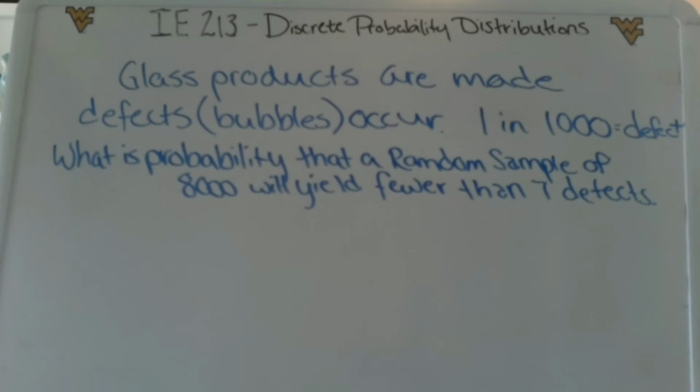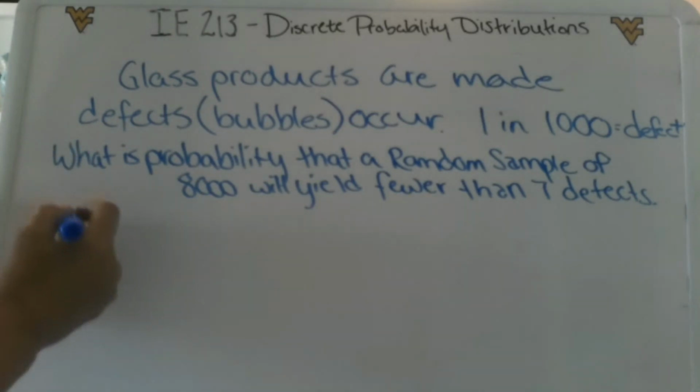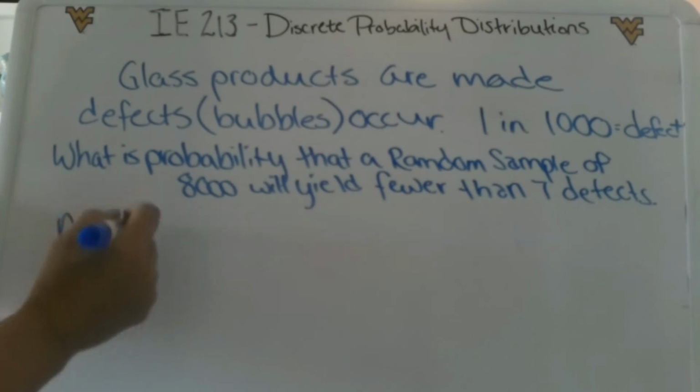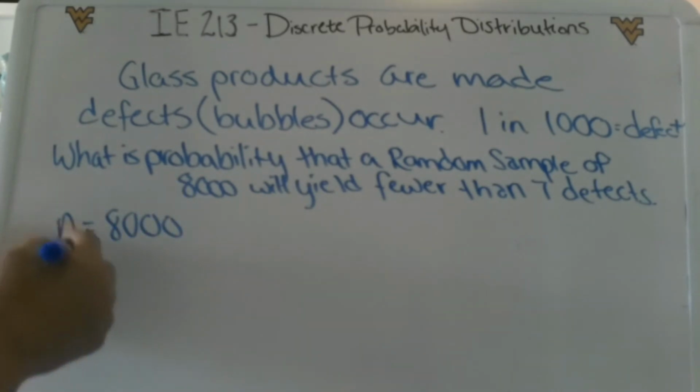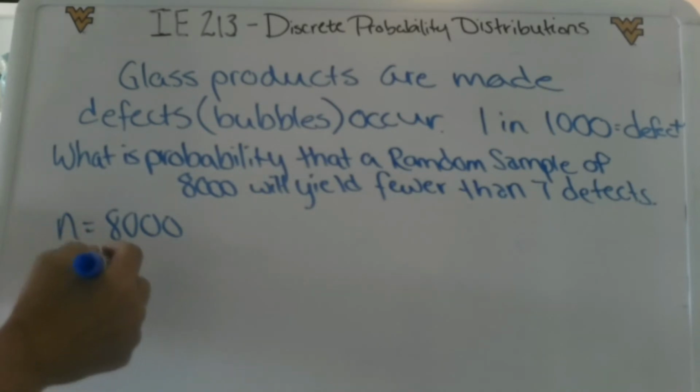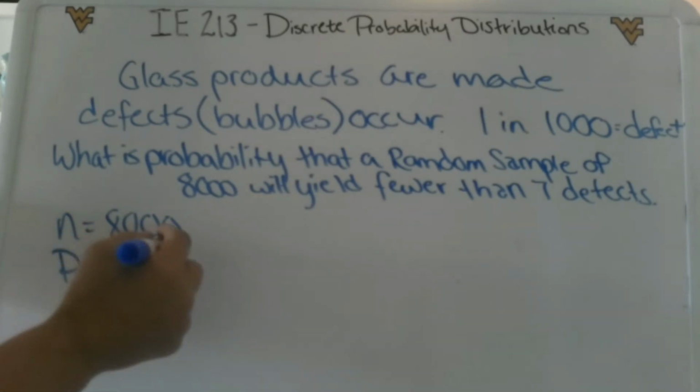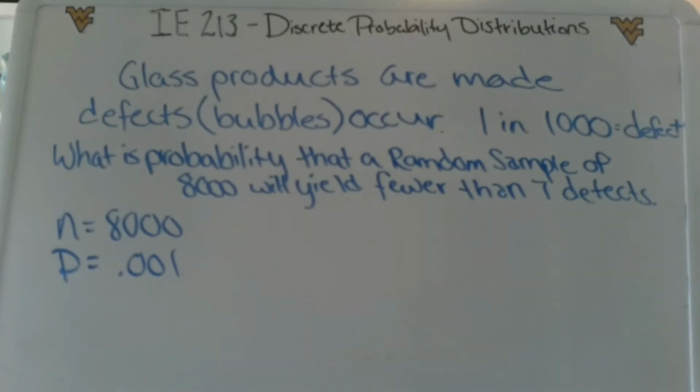So when we look at this experiment, n is equal to 8,000, so that's large. And p is equal to 0.001, and that's small, that is approaching 0. So since it's close to 0 and n is large, we're going to approximate this binomial using the Poisson distribution.